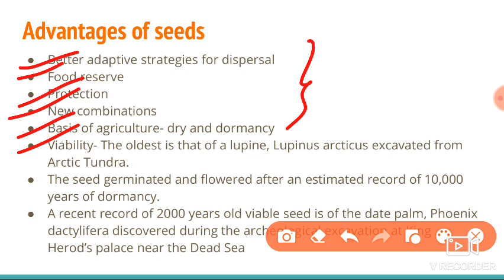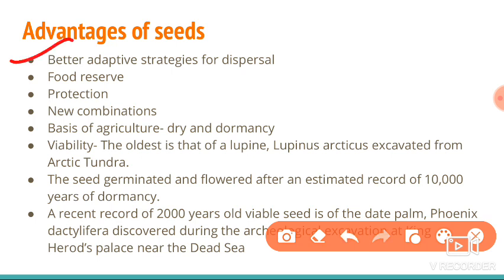This is not that important, but they are given in your NCERT, and the examples they gave are also very important. Please remember all those. The first point is better adaptive strategies for dispersal. Better adaptive strategies for dispersal means plants have adaptations, and seeds have adaptations.